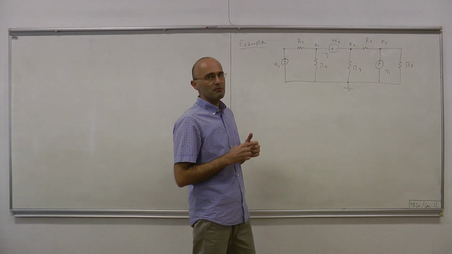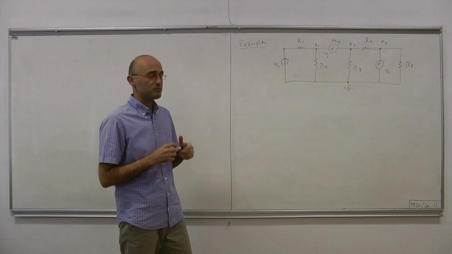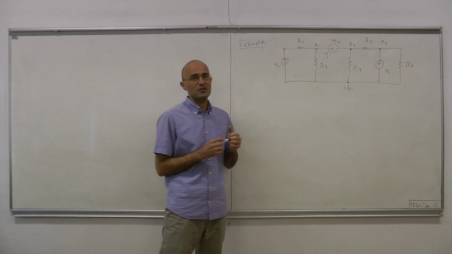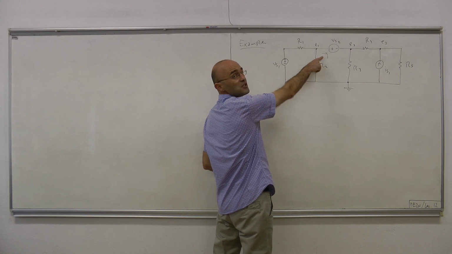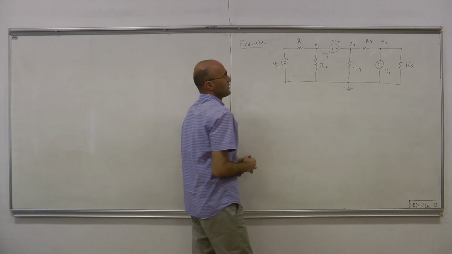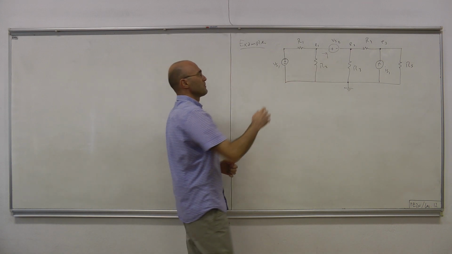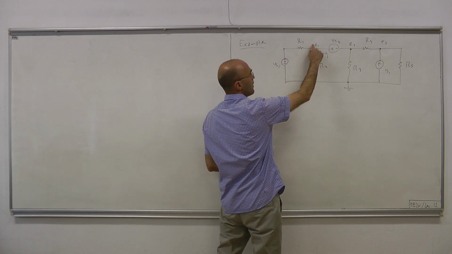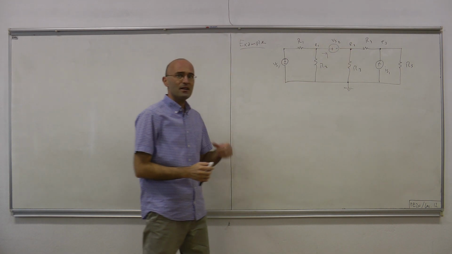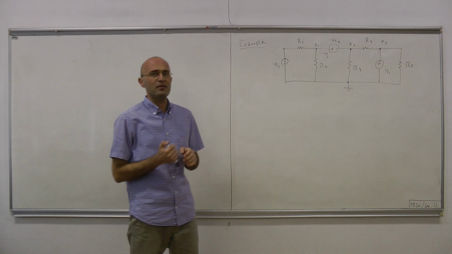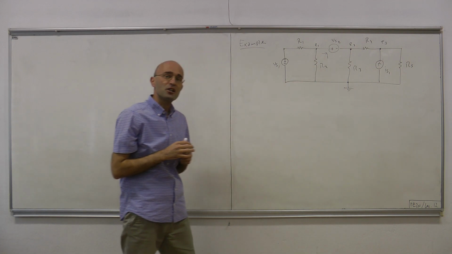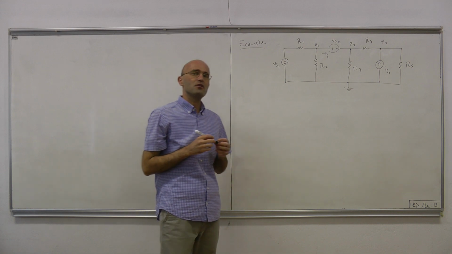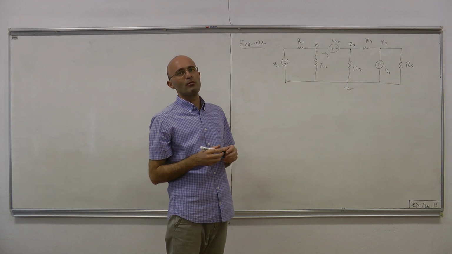So our suggestion, which we talked about under the title method 1, was to increase the number of your formulation variables. Here, our formulation variables are E1, E2, E3, and that method suggests that you consider this current, which you cannot express in terms of your node voltages, also as one of your formulation variables.